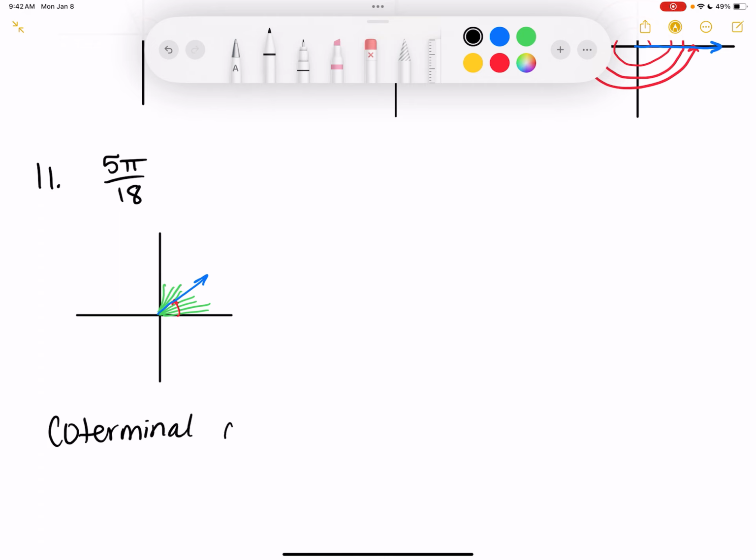Coterminal angles, we add or subtract, because we need a positive angle and a negative angle, 360 degrees or 2 pi, and when we do 2 pi, it can be like 8 pi over 4 or something like that, so that we have a common denominator.